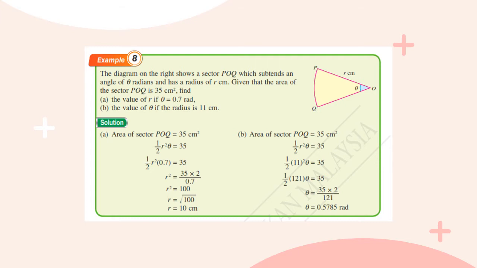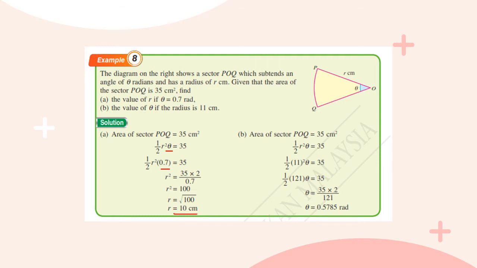The formula is equal to 35. Then we substitute the value of theta, which is 0.7. Then you just need to find the value of r. So the value of r here is 10 centimeters.